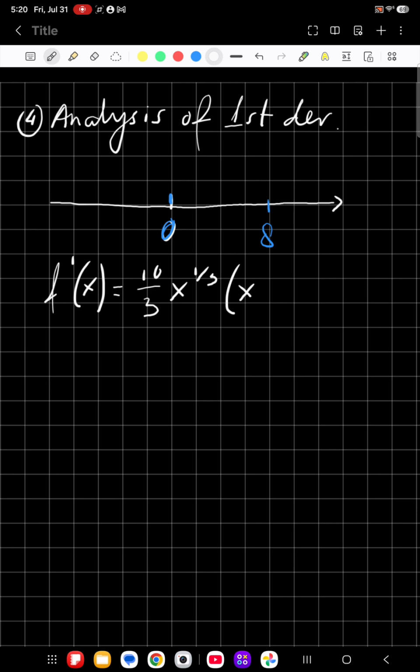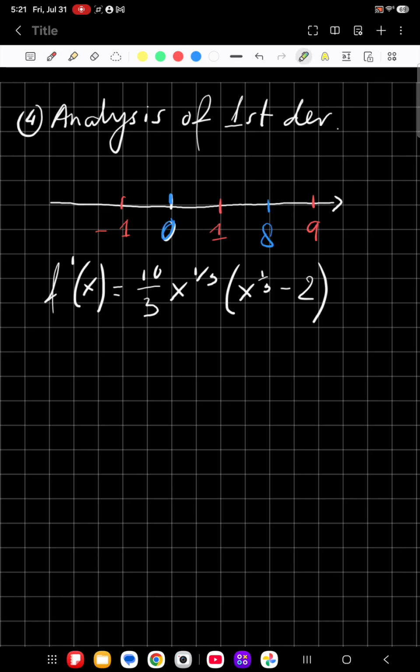By the way, x to 1/3 is a cubic root. All right, so here's the first derivative, testing numbers: -1, and then this could be 1 and 9.